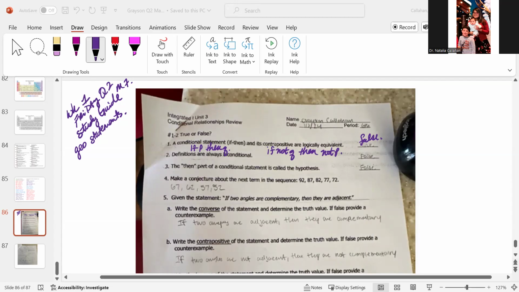Oh, it is true. A conditional statement is logically equivalent to its contrapositive. A conditional statement has the form if P then Q. The contrapositive is if not Q then not P. Both will always have the same truth value, meaning they are logically equivalent.